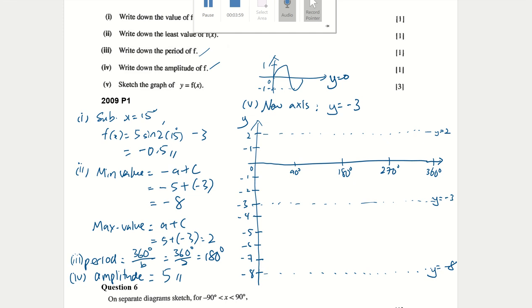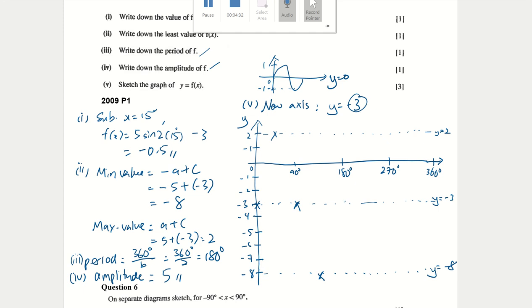To start drawing, I need to mark out the critical points. Since this is a sine graph, I cannot start from 0 because the new axis is negative 3. So I need to start from here. Since the period is 180, in one interval of 180, I have one full cycle. So I go to a maximum between 0 and 90, about 45 degrees. Then I go down to the axis again, which is negative 3, before going down to the minimum, which is negative 8.